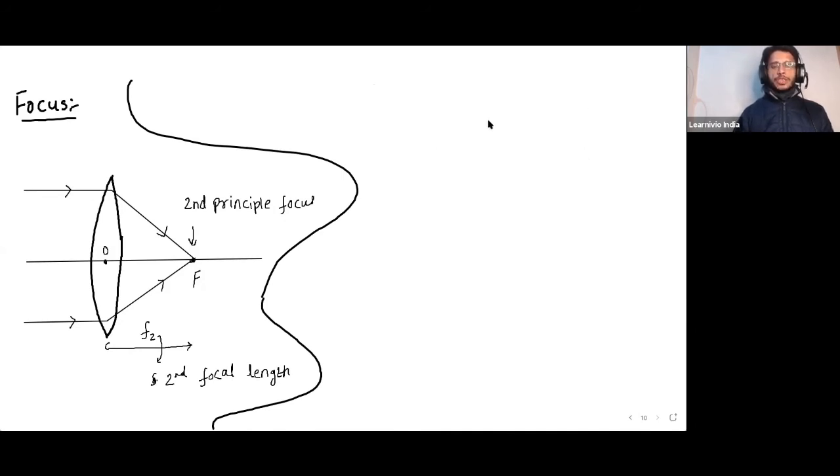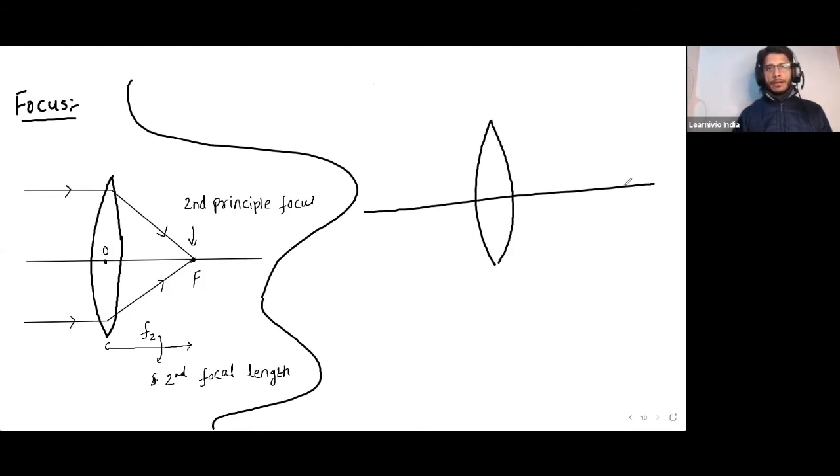What do we mean by first principal focus? I take this convex lens and place an object at a point O such that after refraction through the lens, the rays become parallel to the principal axis. This point is known as the first principal focus. This is F1. This is F2.